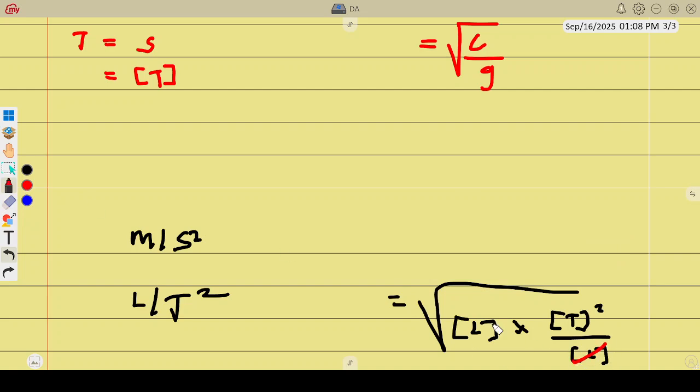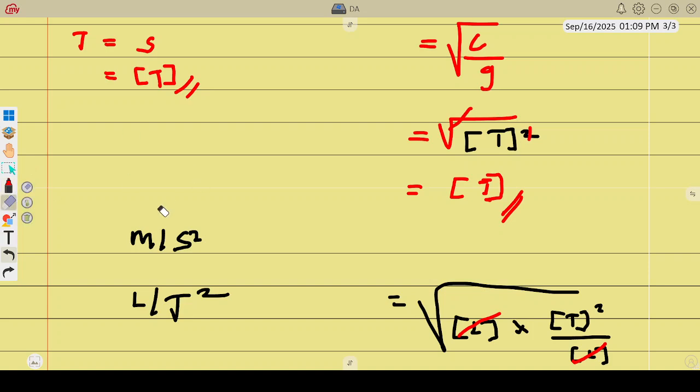This L will cancel with that L, meaning what we're remaining with is T squared, and then the square root can cancel with this square. So this and that will cancel, meaning we'll just remain with T. So this is how we've proved it.